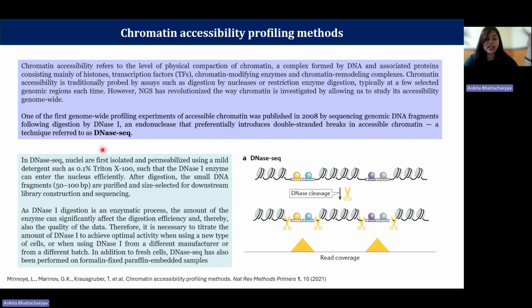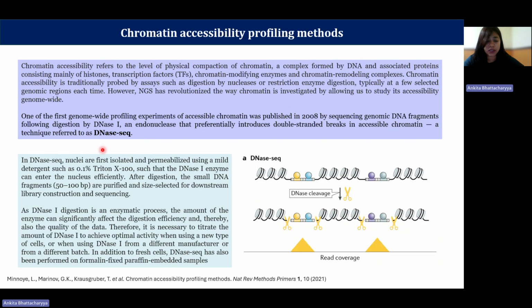So in DNase-seq, you isolate nuclei, and you follow that up by permeabilizing the nucleus using detergents like Triton X100, such that DNase enzyme has access to the DNA which is inside. After digestion, the fragments can be then purified and size selected for library construction and subsequent sequencing.